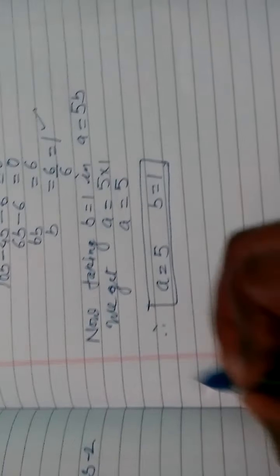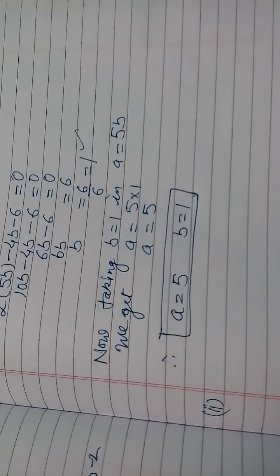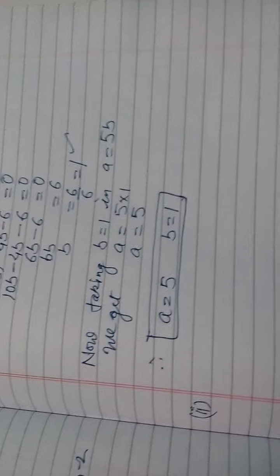Okay, now let us take the second part, where we have to find the value of k for which these linear pairs of equations have no solutions.